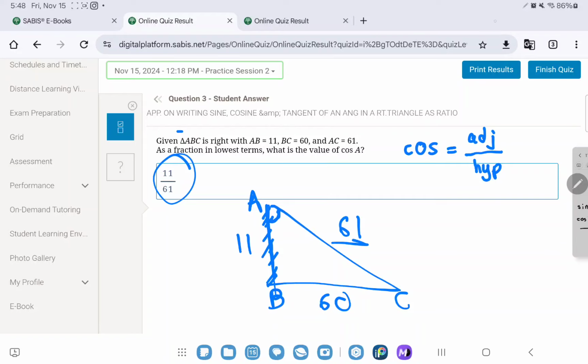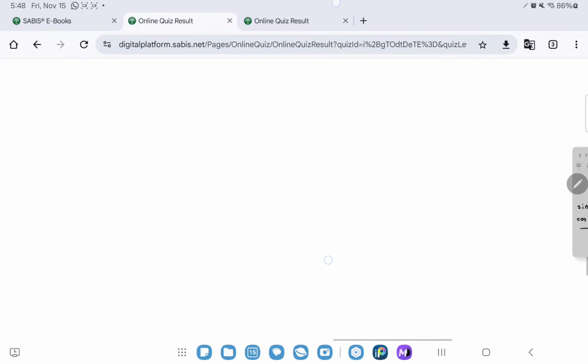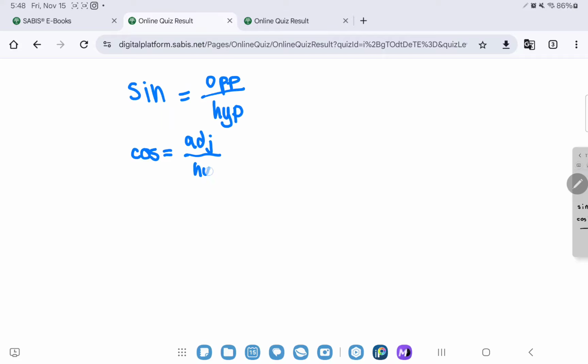Now, we're done with the quiz, but I'm gonna write down some things you need to remember for the exam. Sine, in triangles, is equal to opposite over hypotenuse. Cosine is equal to adjacent over hypotenuse. Tangent is equal to opposite over adjacent.